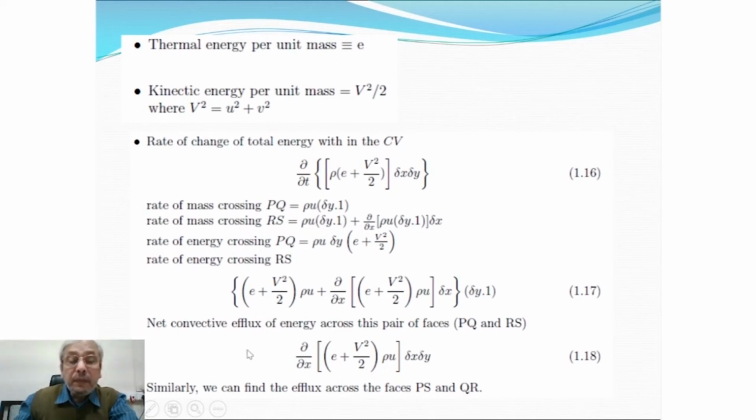Then convective efflux is given by del x of (e plus V square by 2) into rho u into dx dy. Similarly, we can find the efflux across the other faces.